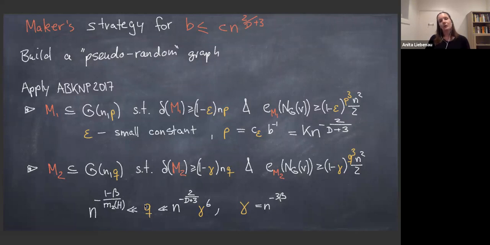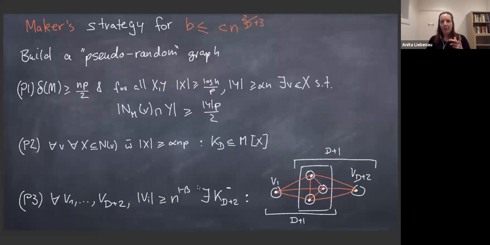And now your q is much smaller, by a power of n smaller than your p. But gamma is like a power of 1 over n. And so you get a subgraph of G(n,q), but you're much closer to the actual random graph. And q is still big enough to get this P3 property.